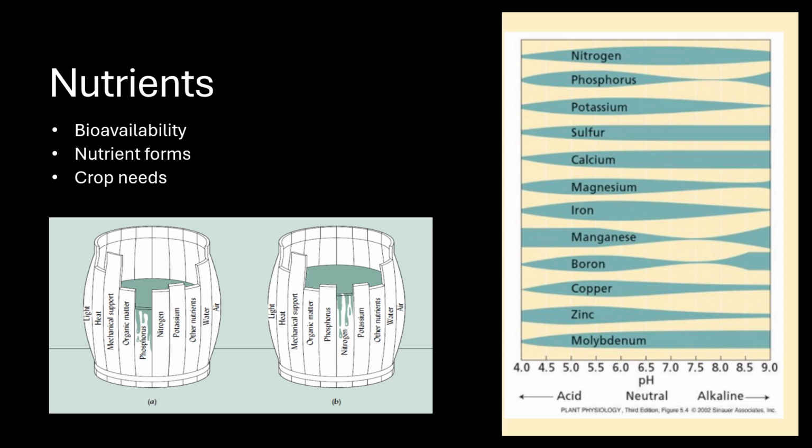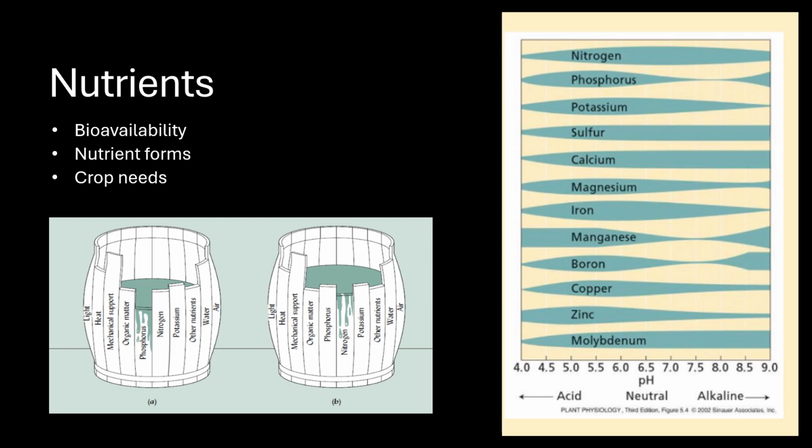You can see here, the thickness of the bar is showing you how available, relatively speaking, each nutrient is at a given pH. And you can see there's pretty good availability across the board between about 5.5 and 7, with a neutral to slightly acidic soil. So that's one of the reasons pH is important.